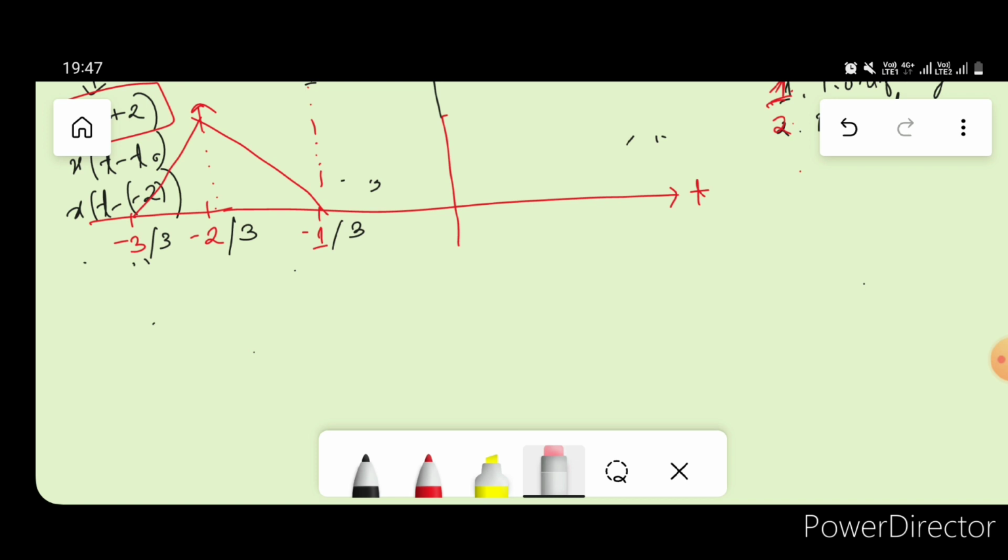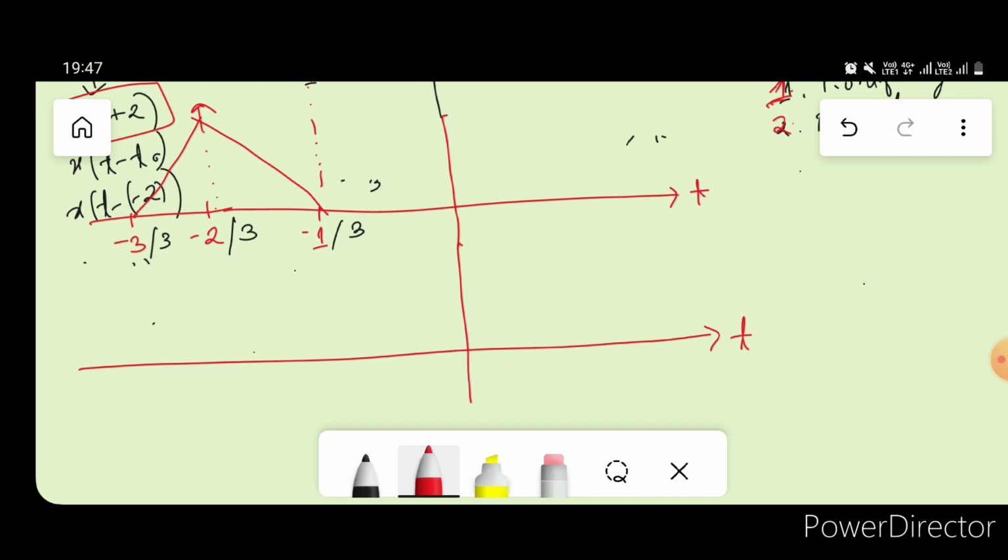So ultimately we get our signal between minus 3 by 3, which is minus 1, then minus 2 by 3, which will be somewhere here, and minus 1 by 3, which will be somewhere here.